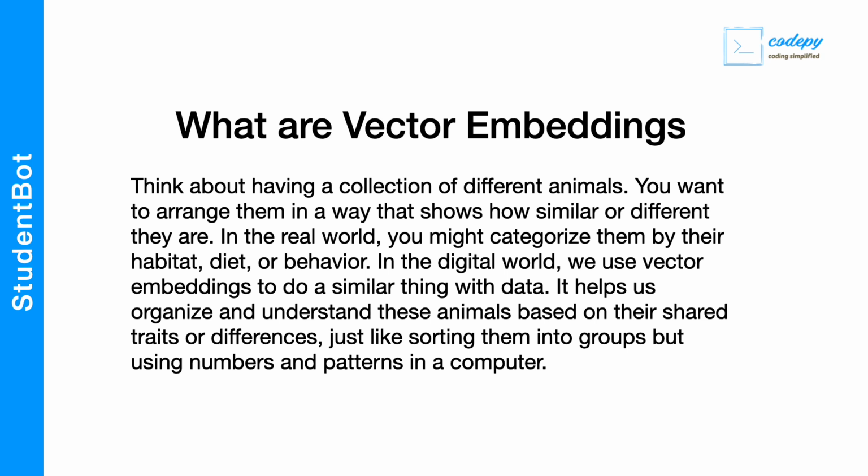In the digital world, we use vector embeddings to do similar things with data. It helps us organize and understand these animals based on their shared traits or differences, just like sorting them into groups but using numbers in a computer.